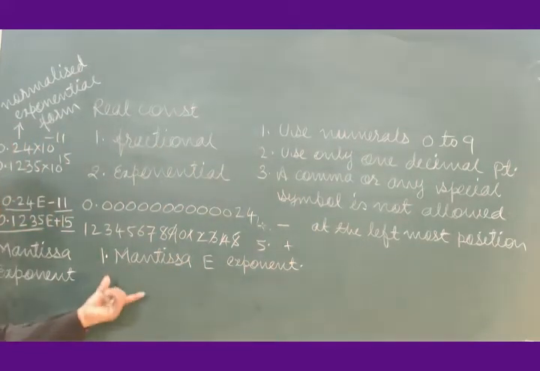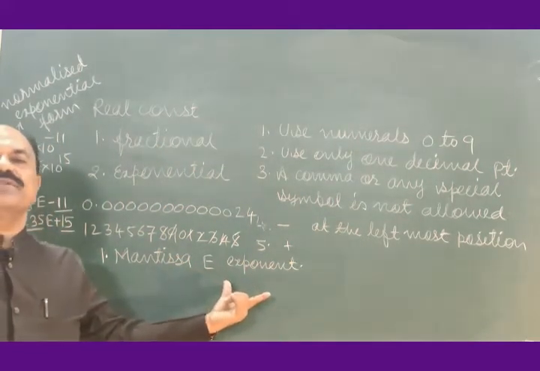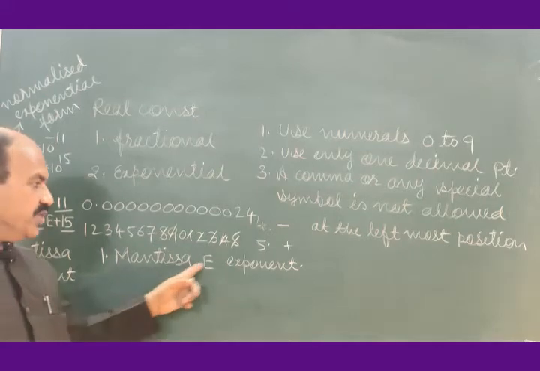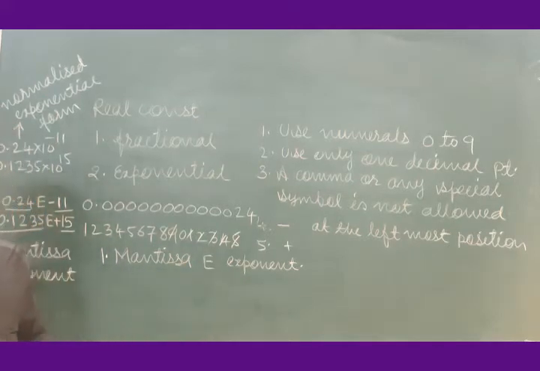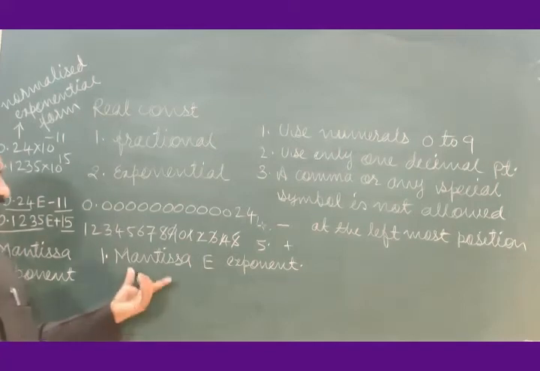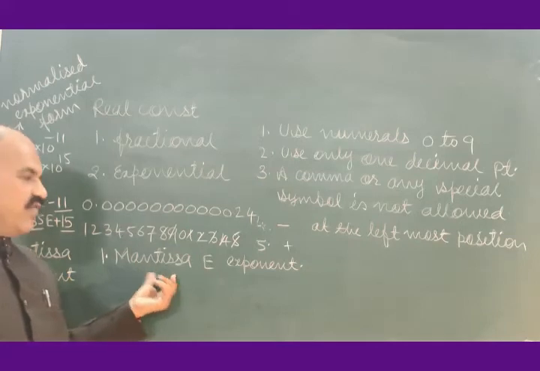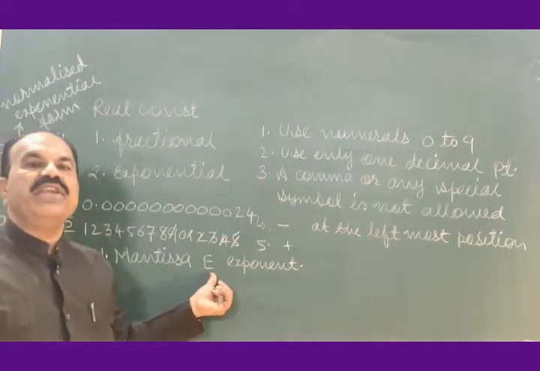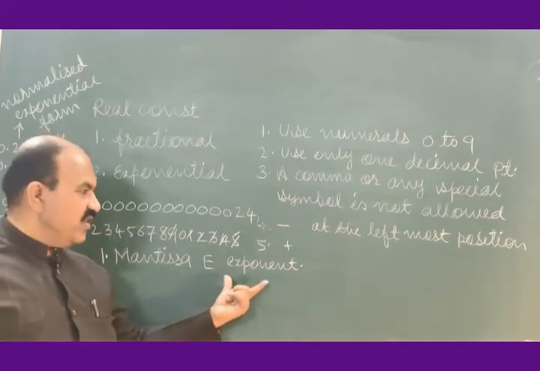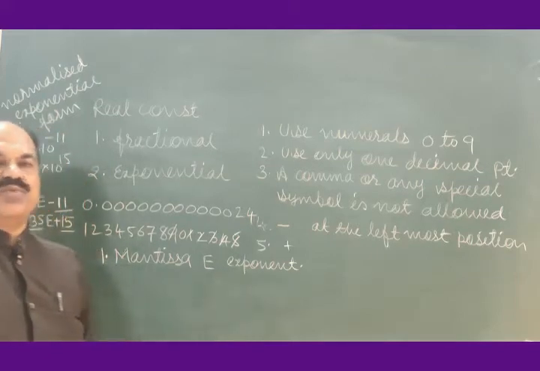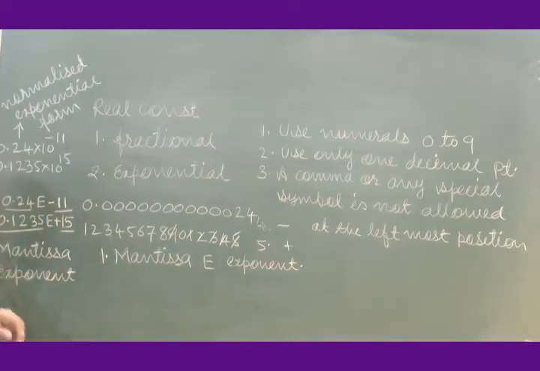First rule: this should be the format of exponential form of real constant. And what is the format? Mantissa, followed by capital E for exponentiation, followed by the exponent. First rule.